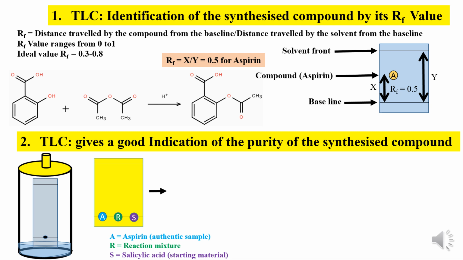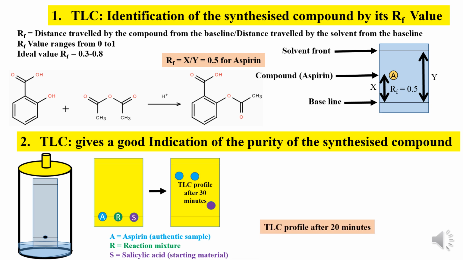And after the solvent development is complete, when the solvent has reached the reference line, stop the development, remove the plate, dry the plate, and when you check the plate under UV light, the spots appear, and this is the TLC profile after 30 minutes. So the reaction is complete.